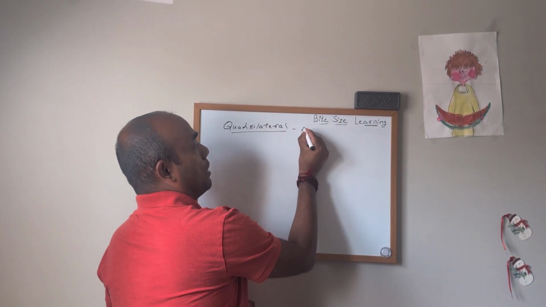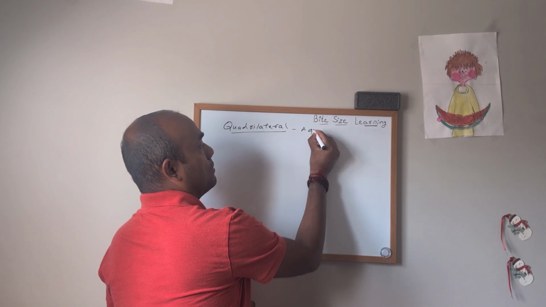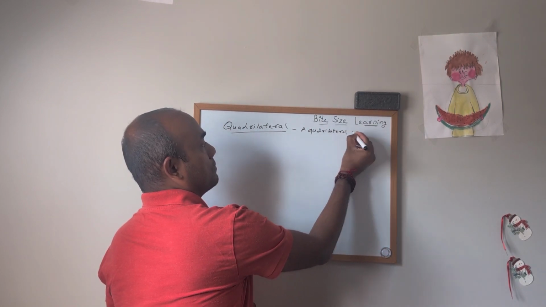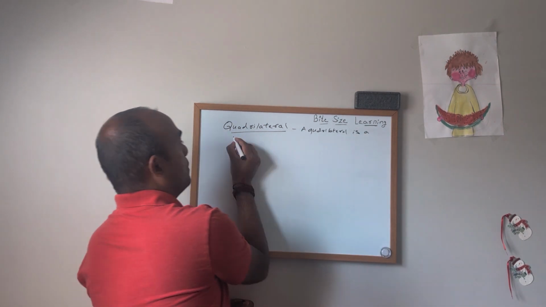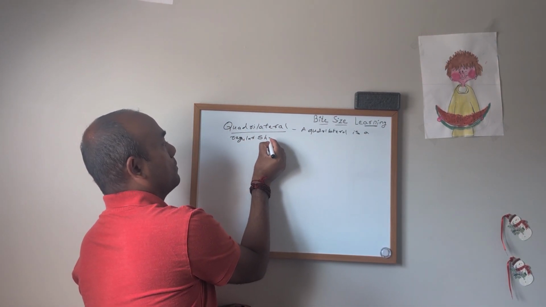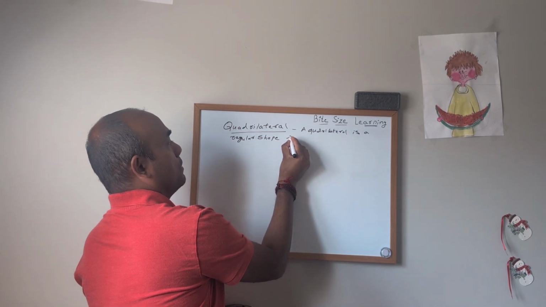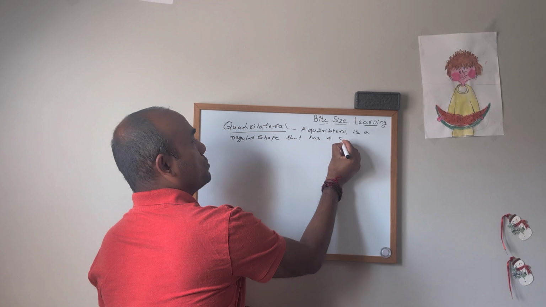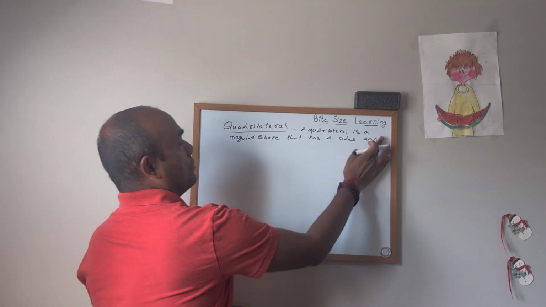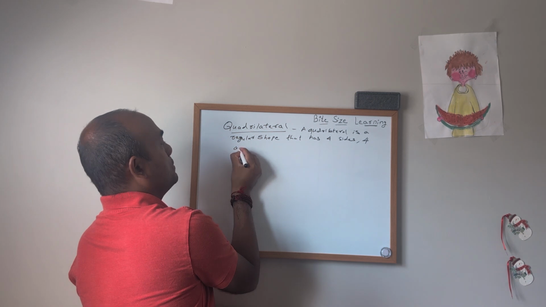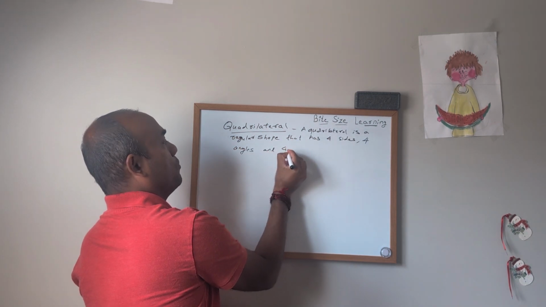So a quadrilateral is a regular shape that has 4 sides, 4 angles and 4 vertices.